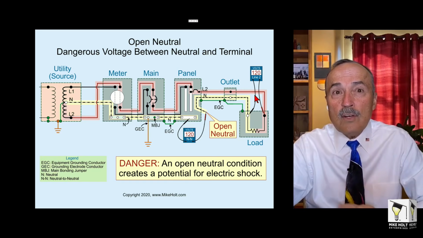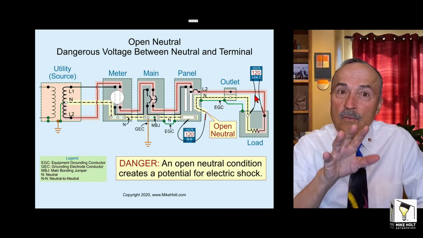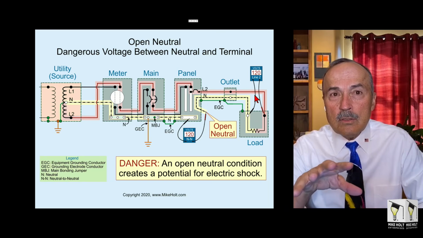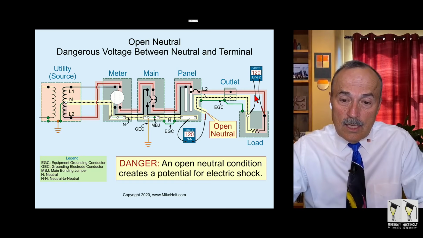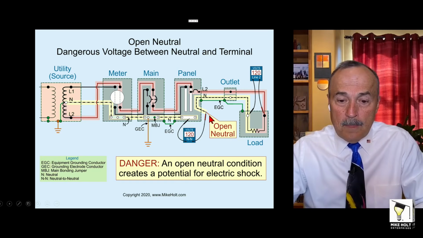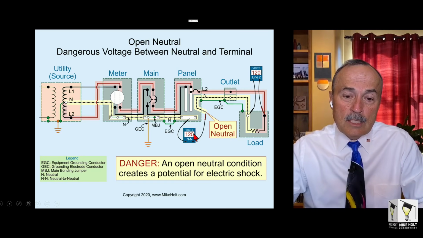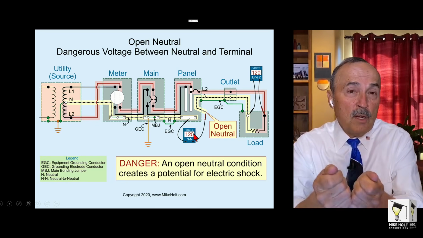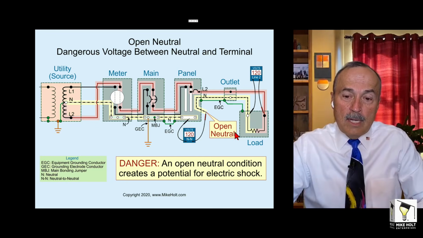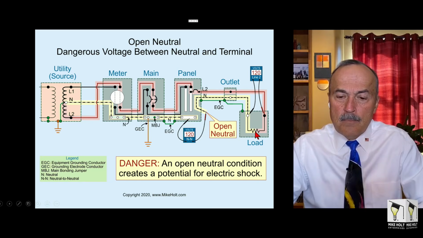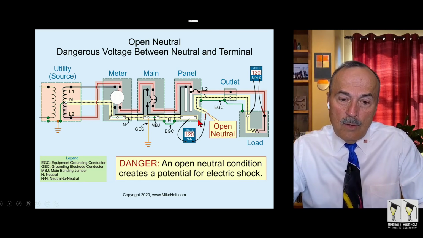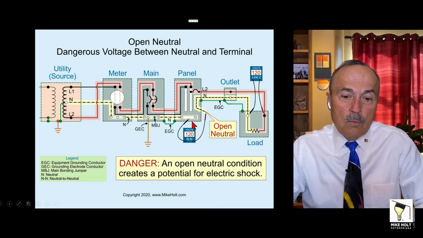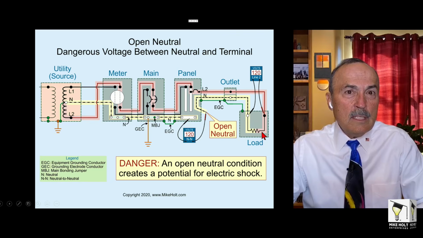And Kirchhoff's law of a closed loop system says that the voltage drops across the resistors in series, the total sum of those, will equal the voltage source. If this is a 120 volt circuit, and you touch this point right here and this point, if it's open circuit voltage, you put a voltmeter, you're going to measure 120. But if this happened to be, let's say, 10 ohms, let's make it 20 ohms, and you happen to be 1,000 ohms, well, now it's 1,000 ohms in series with 20 ohms.